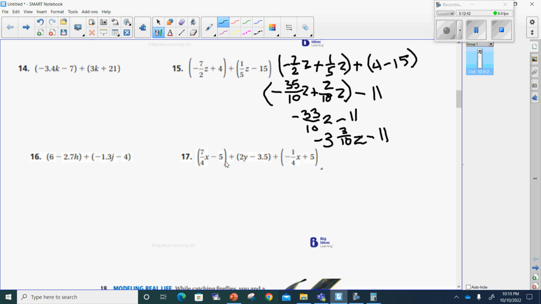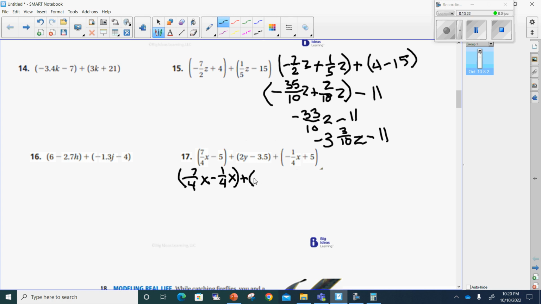All right, let's go to number 17. We got some big ones here. Okay, if we're adding all these, we can put all our x's together. So I'm going to put 7 over 4 x with my negative 1 over 4 x. I'm going to put my numbers together. I've got to remember, got to keep everything in addition.